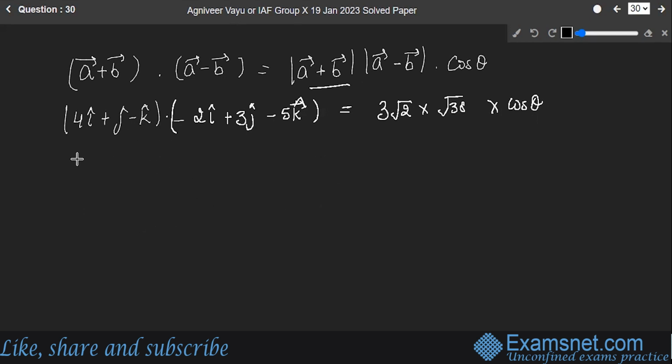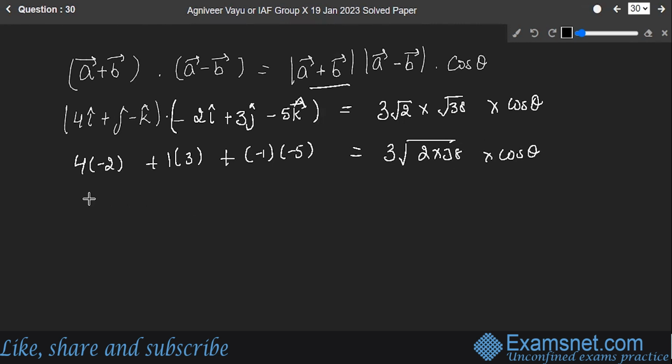If I multiply both of them, it will be 4 into minus 2, 1 into 3 plus minus 1 into minus 5 is equal to 3 root 2 into root 38 into cos theta. This is minus 8 plus 3 plus 5, which is equal to 0. In the multiplication, let's factorize 38: this will be 2 into 19 cos theta, right? So this is equal to 1.